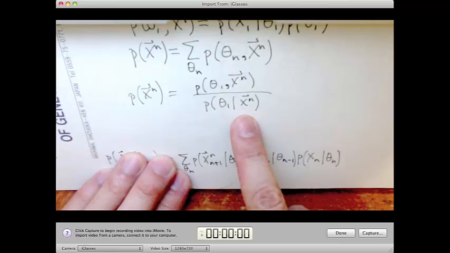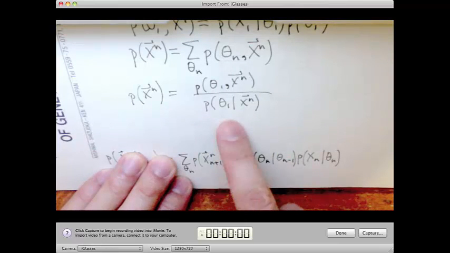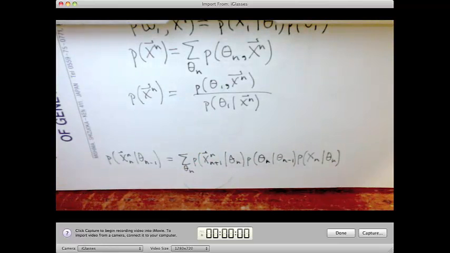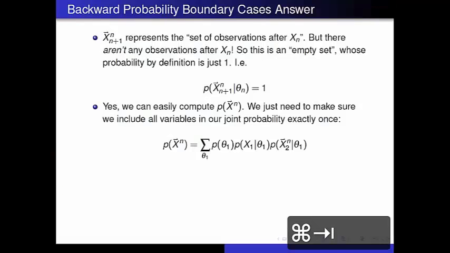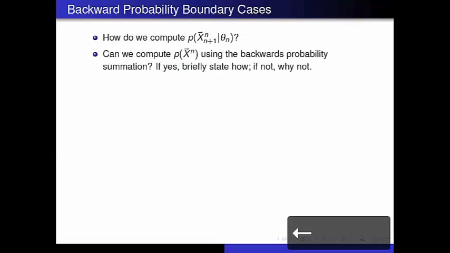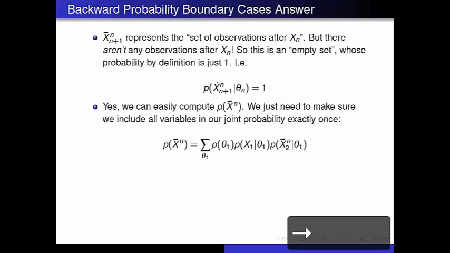Well, yeah, because... so you're using theta t. Okay, so you're using both a forward and a backward. Yes. Whereas the question was, can we get it from just the backward?